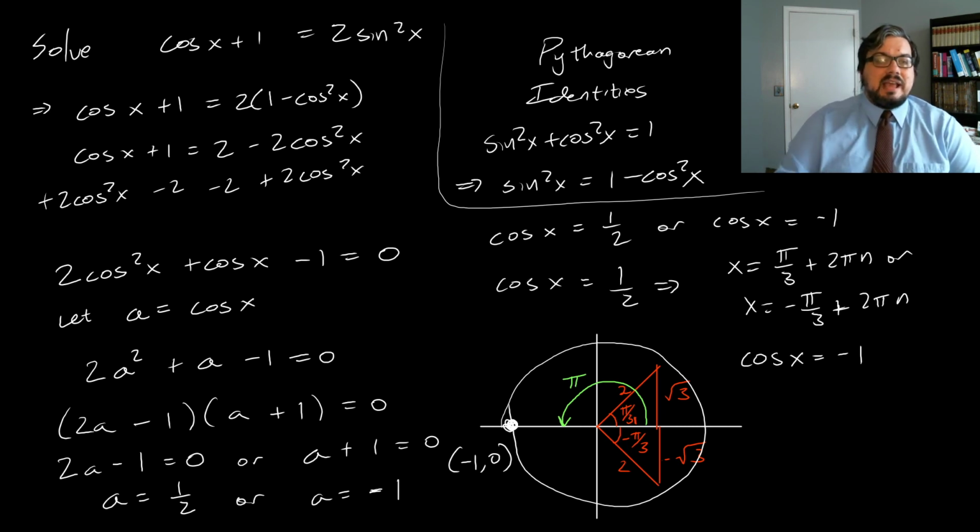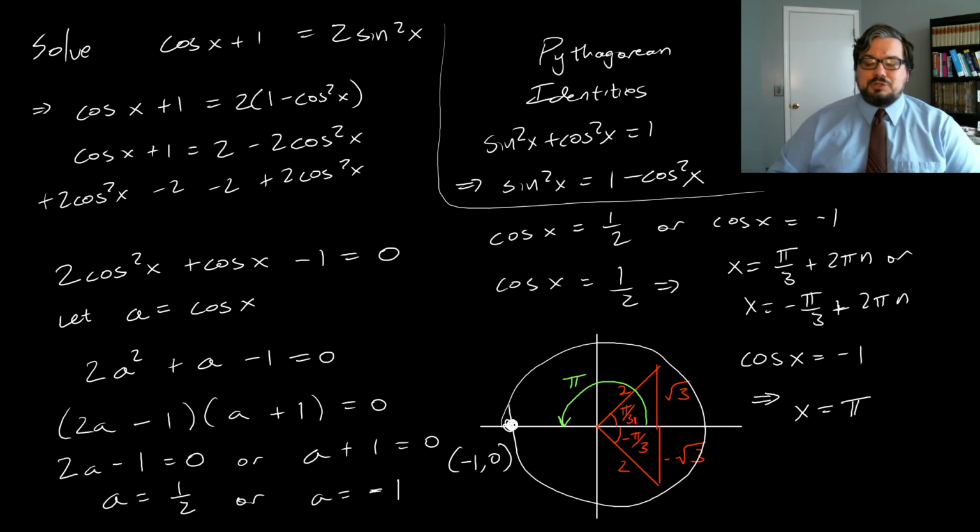Now, in this case, cosine x equals -1 has only one solution within the interval 0 to 2 pi, as opposed to the two solutions we normally expect. So we get that cosine x equals -1, which means that x is equal to pi, but of course pi is just what we get within the first revolution of the circle.